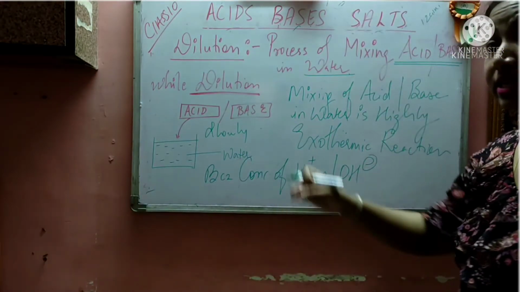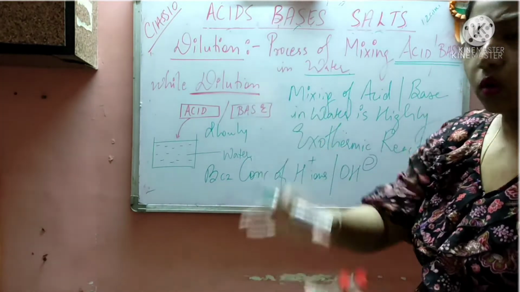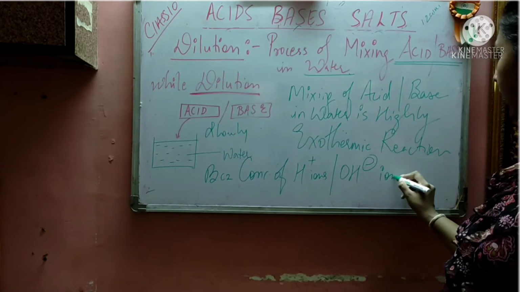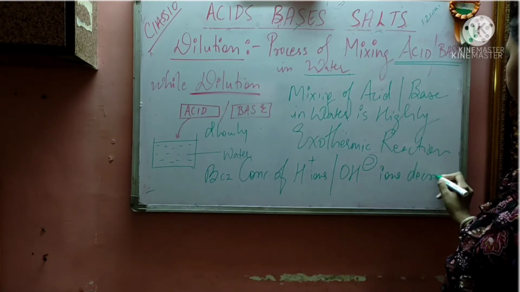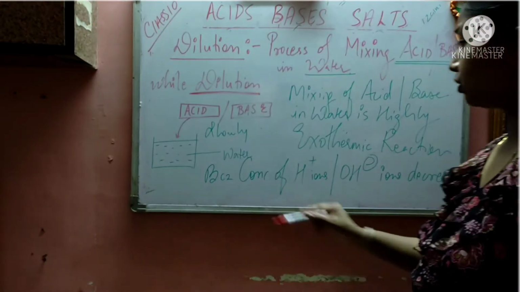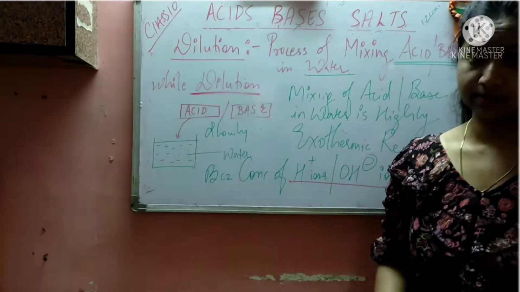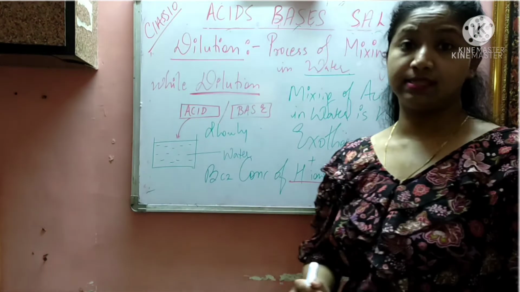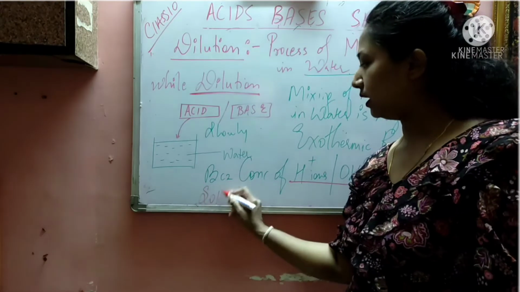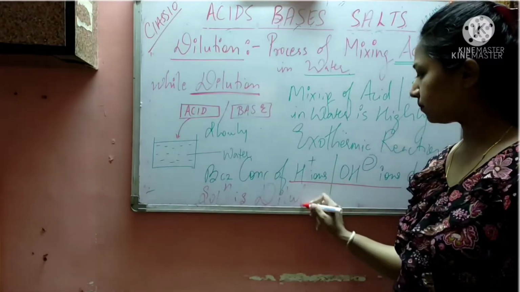Because as you add concentrated acid or base slowly into water, the concentration of H plus ions and OH minus ions decreases, and the solution is said to be diluted.